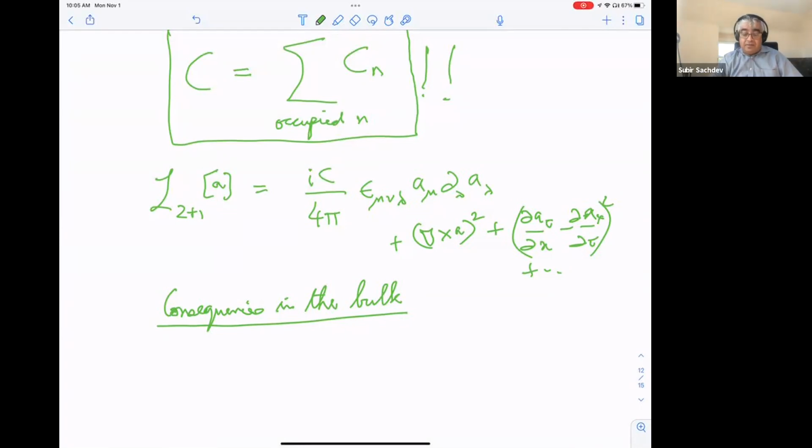Okay. But let me just now forget about the edges, where there are all these subtleties on edge states and gauge invariance. And let me just ask, does this Chern-Simons term have any consequences in the bulk? So in fact, it does have very strong consequences. What are the excitations in the bulk in our mean field theory?